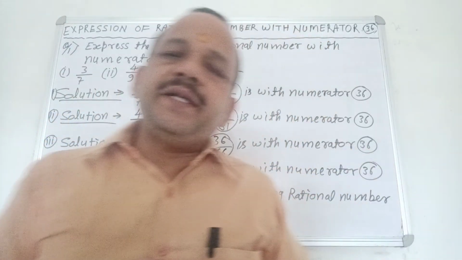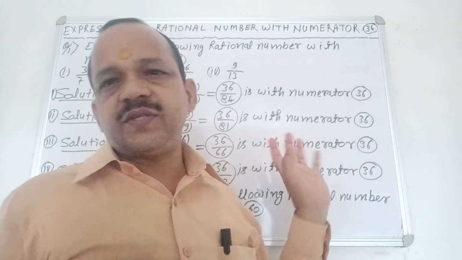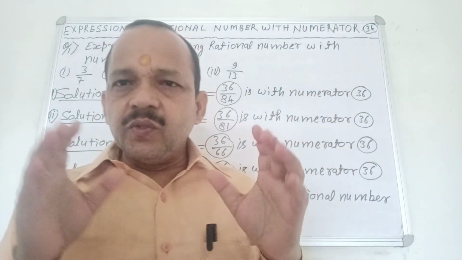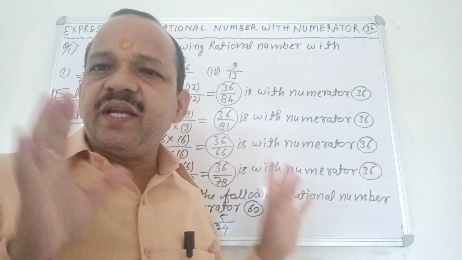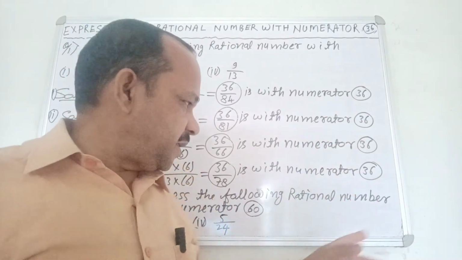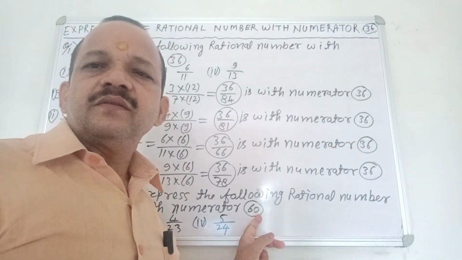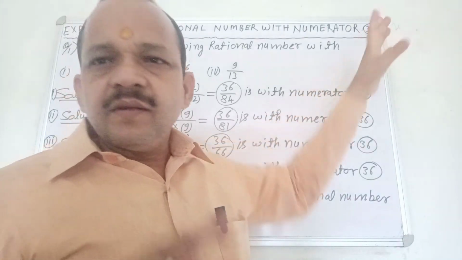You can find your solution very easily with the help of this example. It is very easy. You convert numerator into 60. I convert numerator 36. Clear?